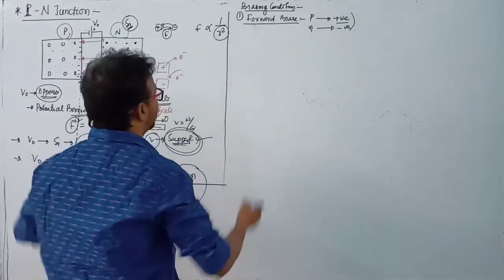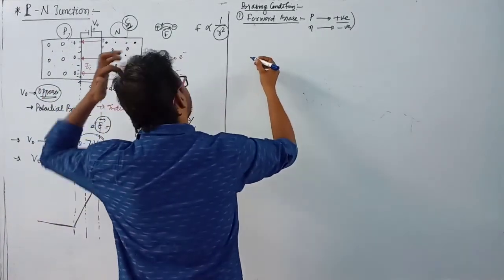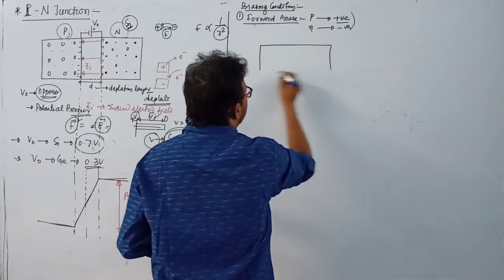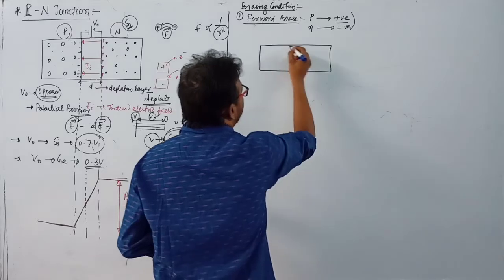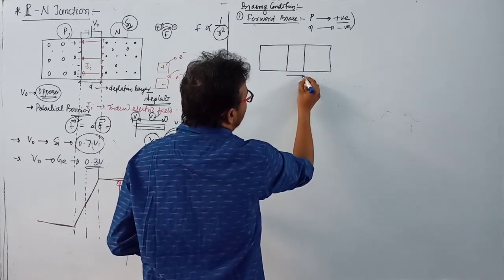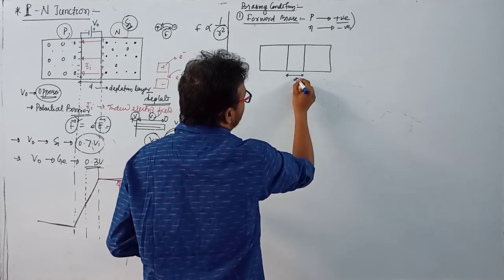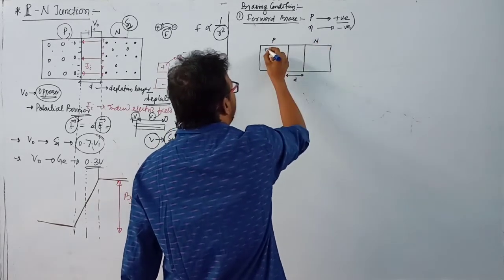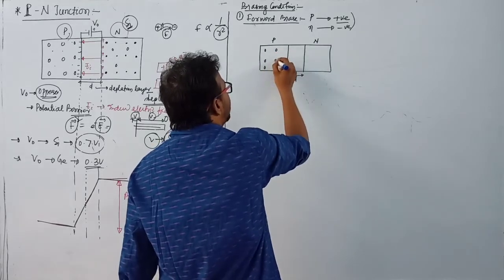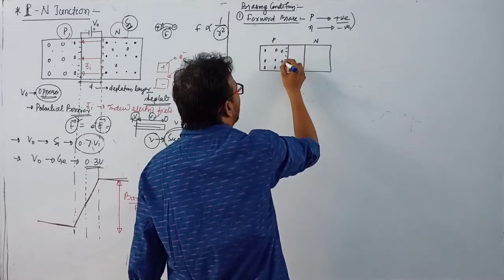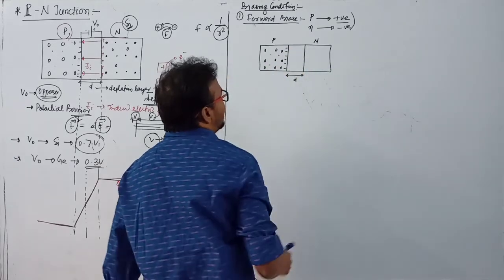So here in this case, this is the PN junction, here p-type and n-type, and this layer is known as the depletion layer. This layer is D. Clear? And here p-type and here n-type. P-type means the majority charge carrier here is the hole, and the minority charge carrier is the electron.